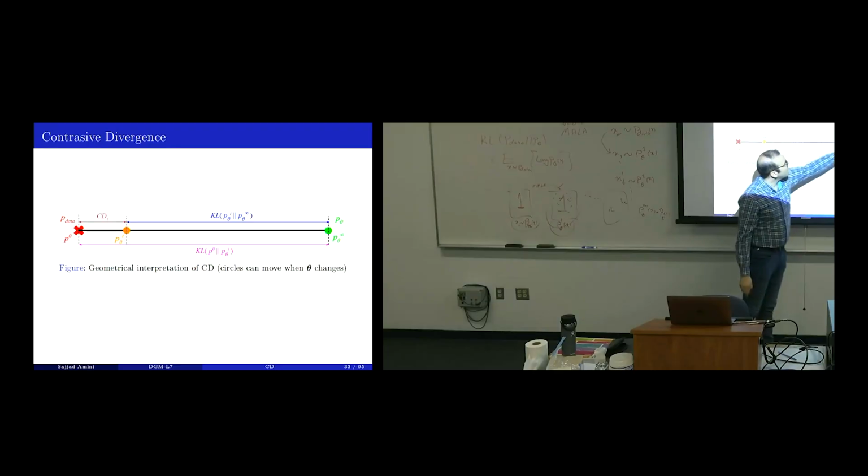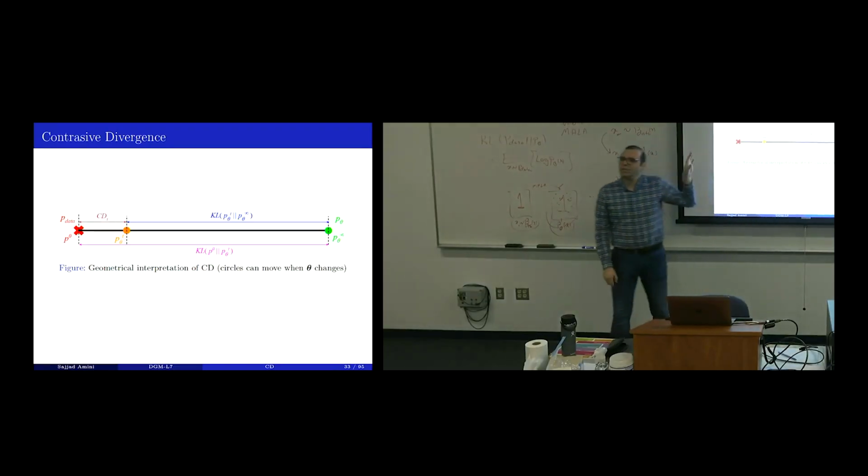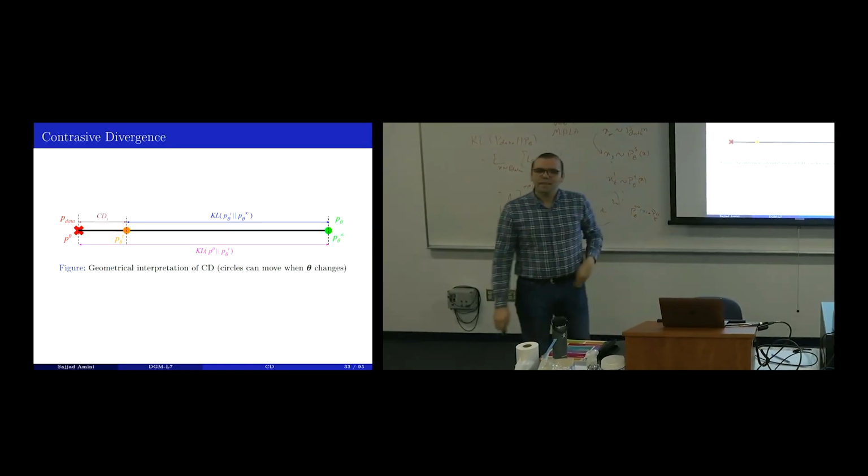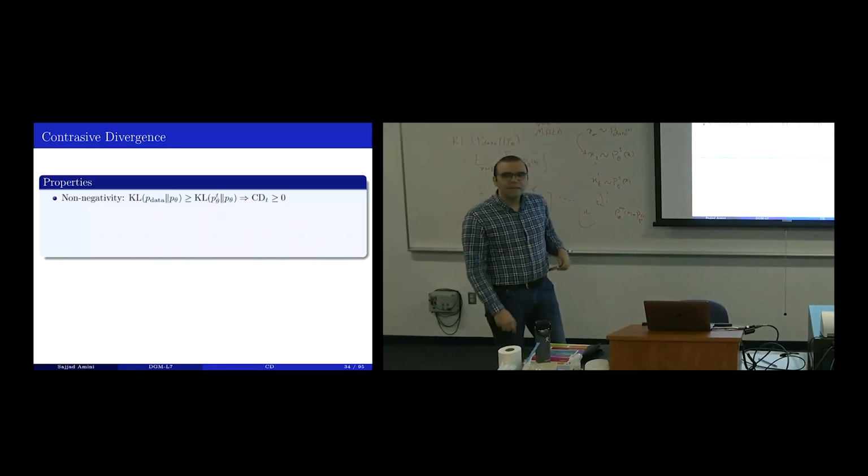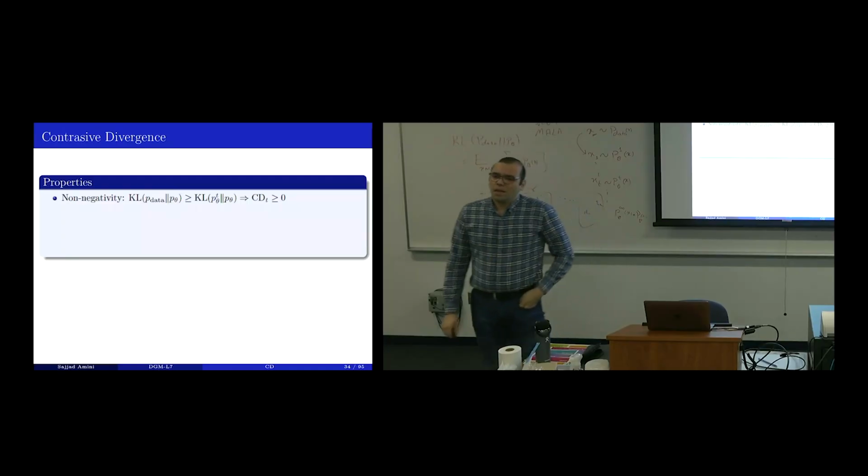This distance is always smaller than this distance. So CD is always positive. It is a good loss metric because it is always positive. When CD is zero, they collapse, the distributions are exactly the same, so it's a great distance.